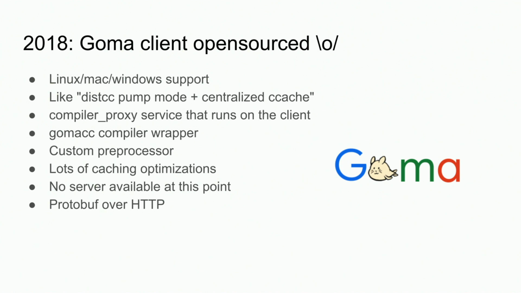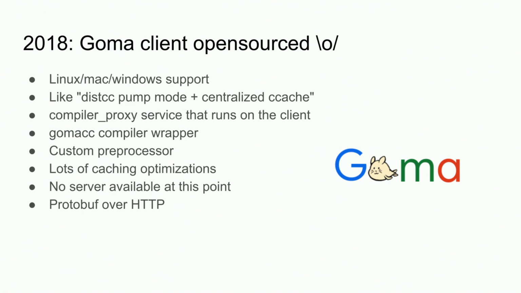It's kind of like distcc pump mode with a centralized ccache. So distcc pump mode works by only uploading the files once, and therefore you remove the gigabit Ethernet upload ceiling that you can quite easily hit with ICC.